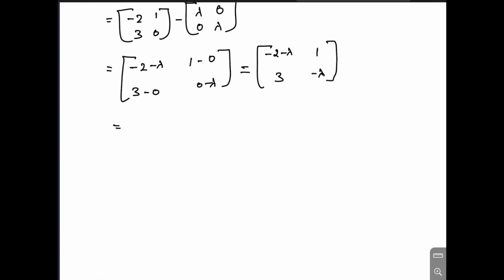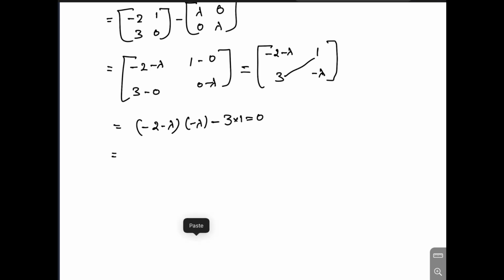So minus 2 minus lambda into minus lambda; 3 ones are 3, we need to take a minus here, so minus 3, which equals 0. Further simplification gives minus into minus plus 2 lambda plus lambda square minus 3, which equals 0. After rearranging we'll get lambda square plus 2 lambda minus 3 equals 0.